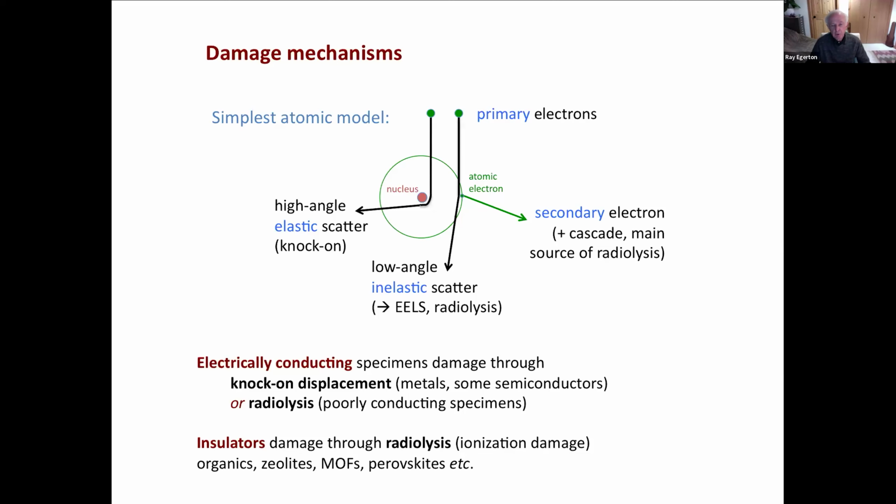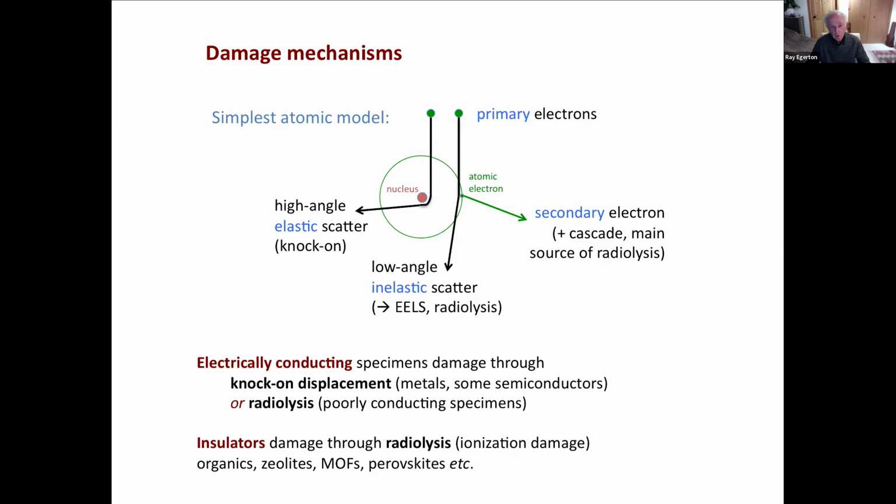The other kind of interaction we can have with our primary electrons is with the atomic electrons in the sample. And that gives rise to inelastic scattering, which we detect in electron energy loss spectroscopy. There, the scattering angles are even smaller, a few milliradians or fractions of a milliradian, but the energy transfer can be quite large, eV, tens of eV, even hundreds of electron volts.